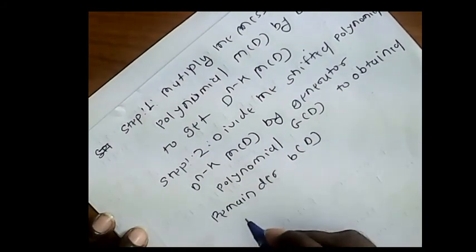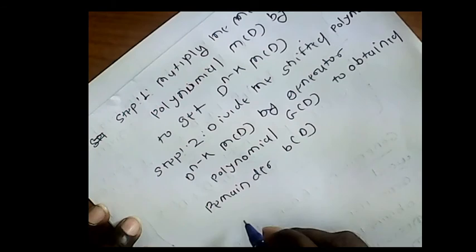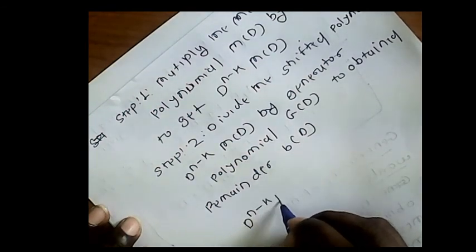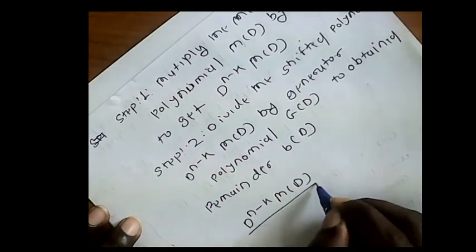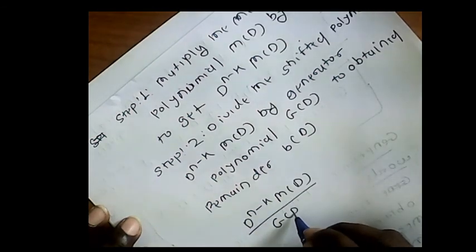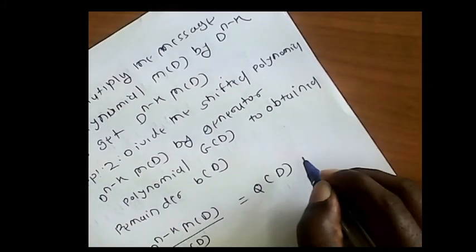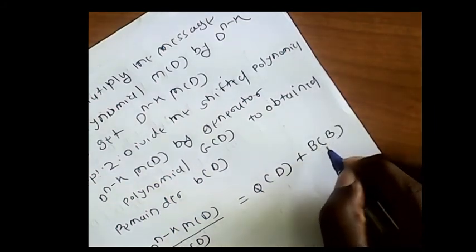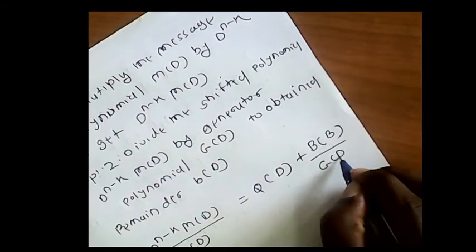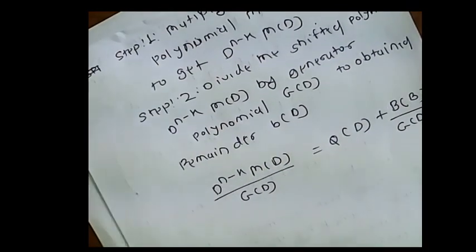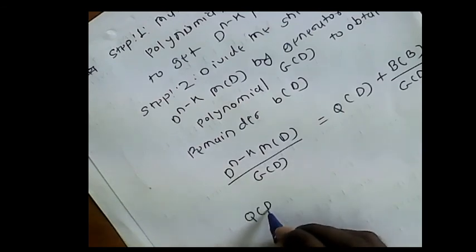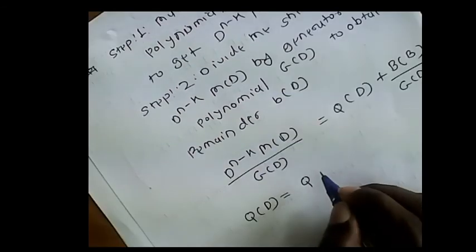So d raised to power n minus k into m of d divided by the generator polynomial gives the quotient polynomial q of d plus b of d divided by g of d, where q of d is the quotient polynomial.